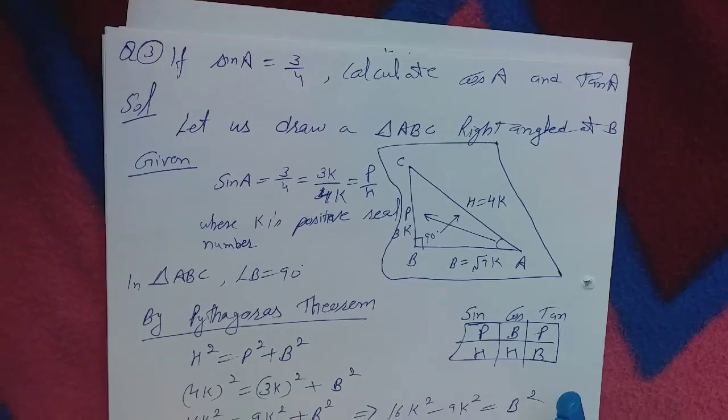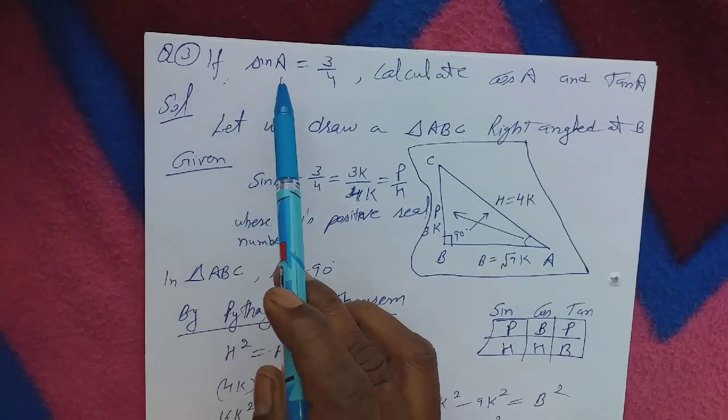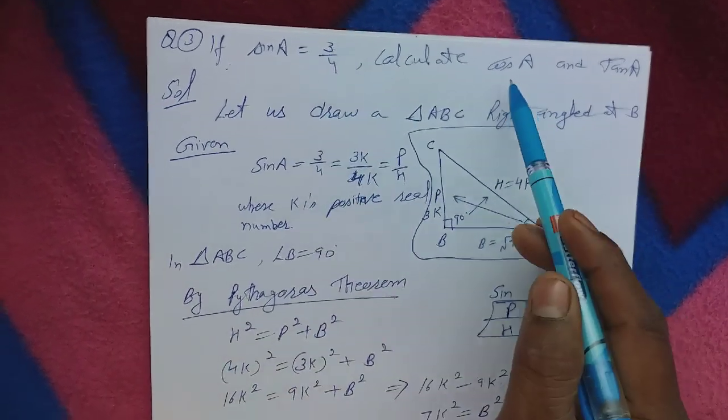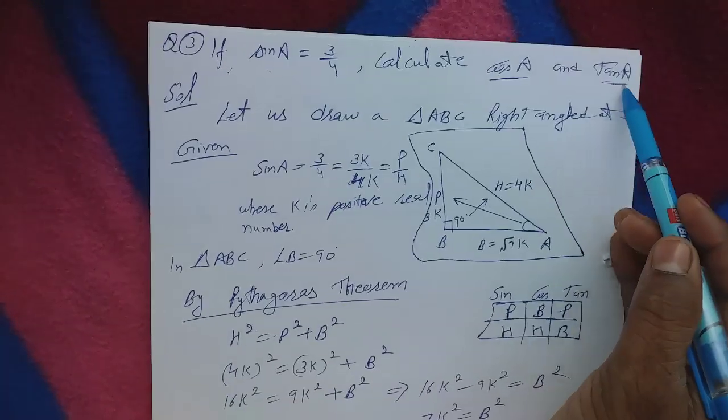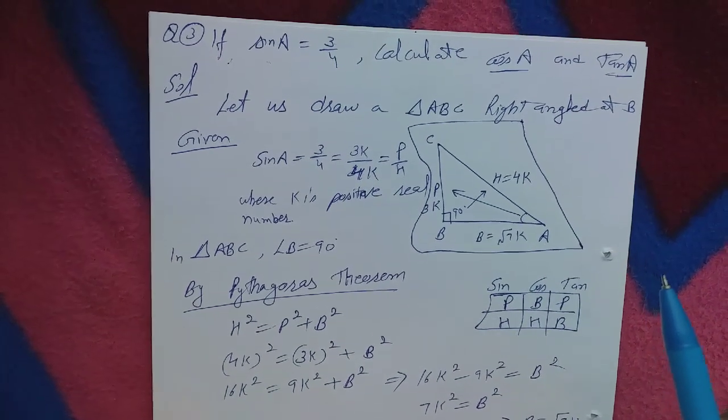First of all, we will read the statement again. If sin A is 3 by 4, calculate cos A and tan A. In every question you should first draw a triangle.